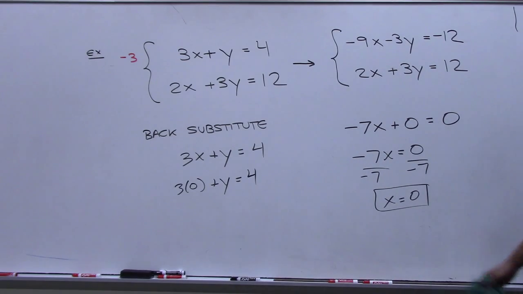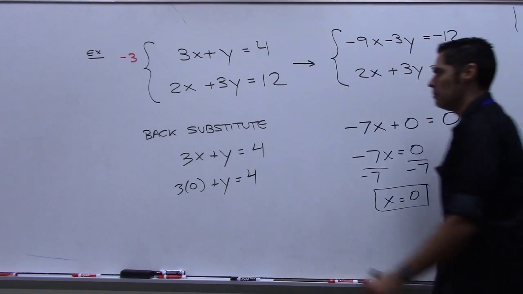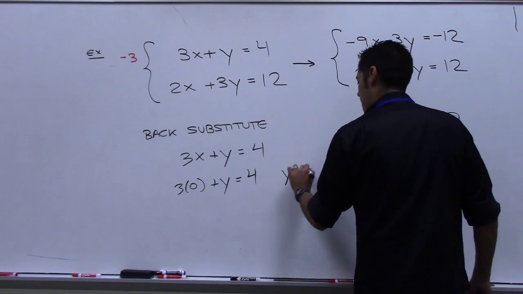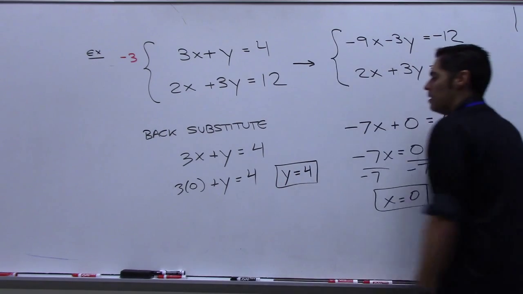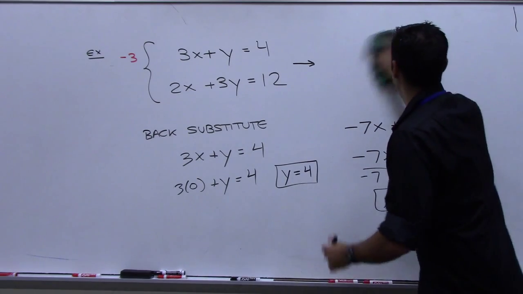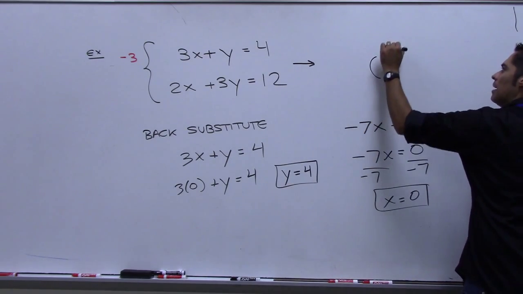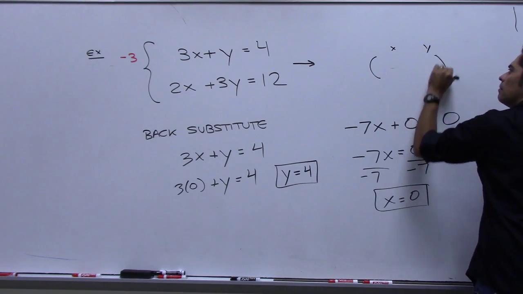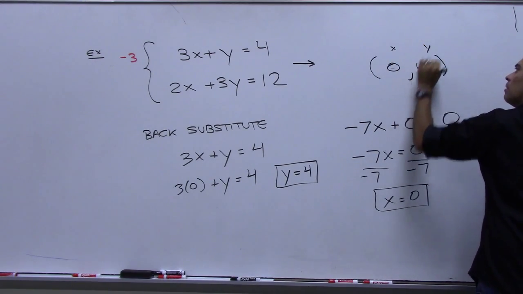And of course, 3 times 0 is 0, so y is 4. And so what we do is we like to write our answer as an ordered pair, almost like a point, like an x-coordinate and a y-coordinate. So (0, 4). That would be my answer.